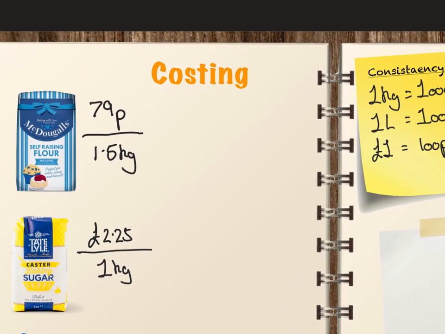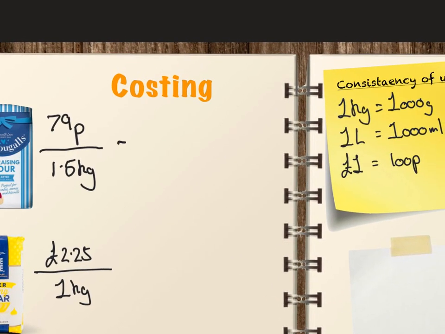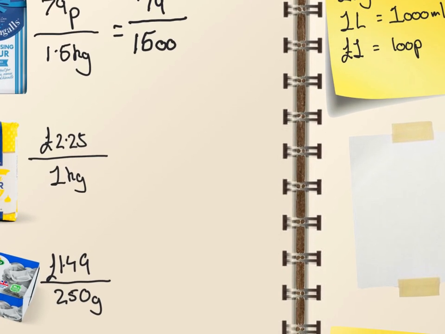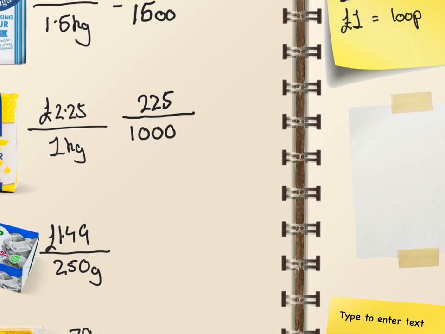So back to this, your 79 pence is already in pennies, so it remains 79 pence. But your 1.5 kilograms needs to be converted into grams, so that becomes 1,500 grams. Then we need to do the same with the rest. Your £2.25 becomes 225 pennies, and your 1 kilogram becomes 1,000 grams.